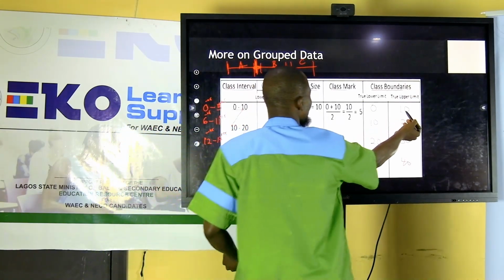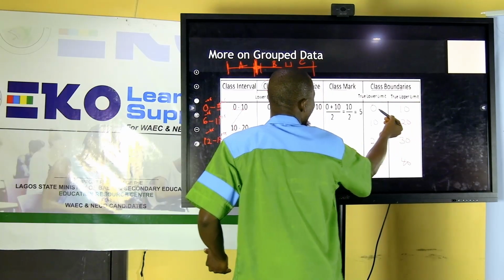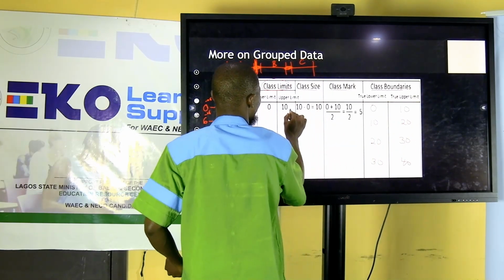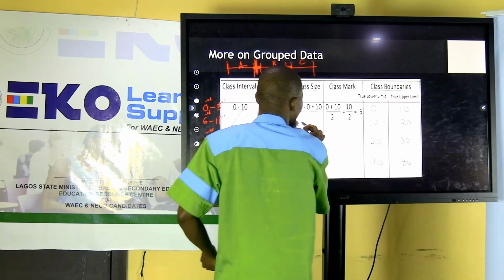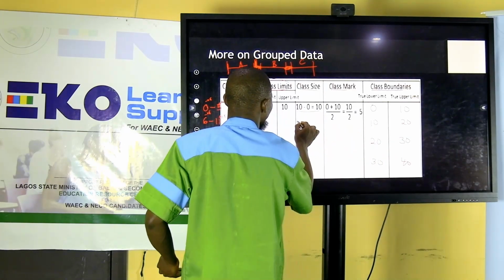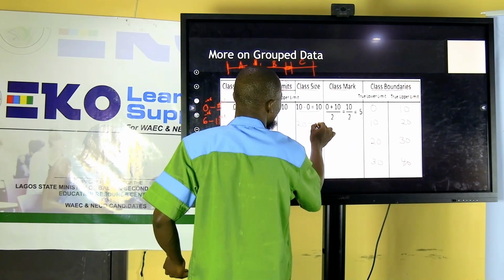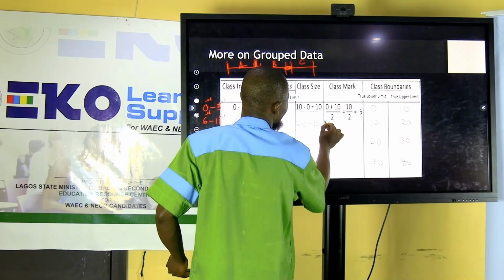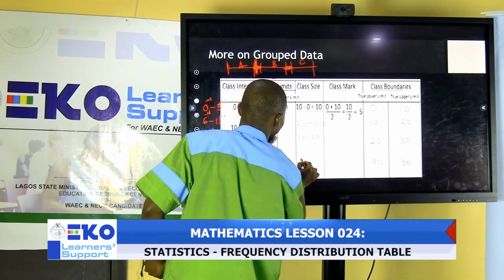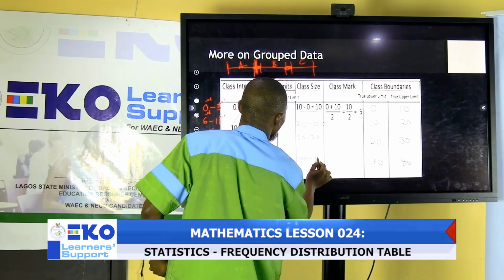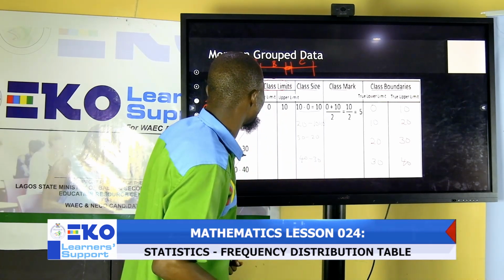Just come to the class boundary, subtract 10 minus 0. It will give us, and that is what has been done here, 10 minus 0 is 10. For this, it's the same thing as 20 minus 10, which is 10. For this it is 30 minus 20. For this, it is 40 minus 30. So that is what we mean by class size.